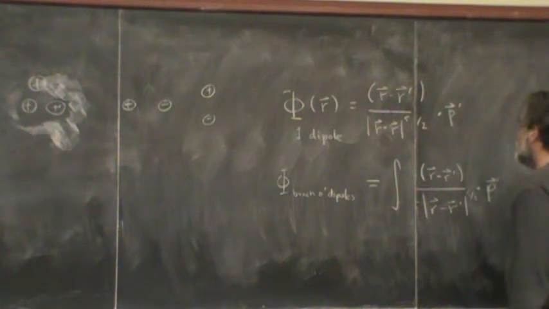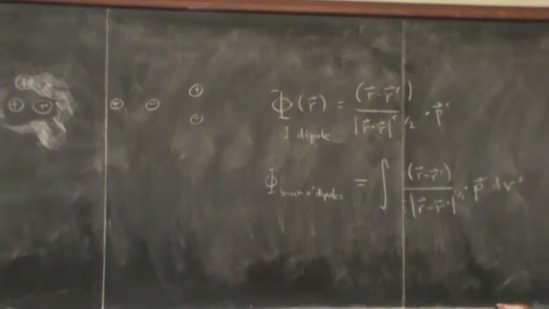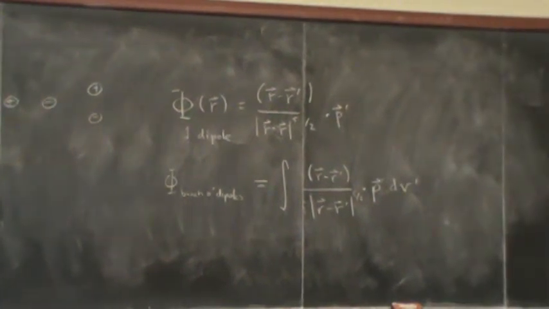I'm just going to integrate over all of them. So now I've got a bunch of dipoles all over the place, and I can have any distribution that I like.